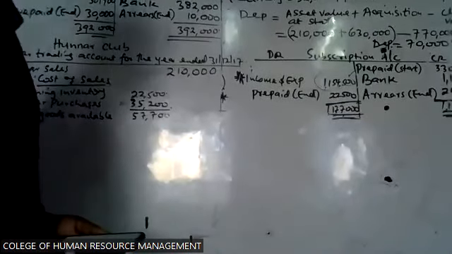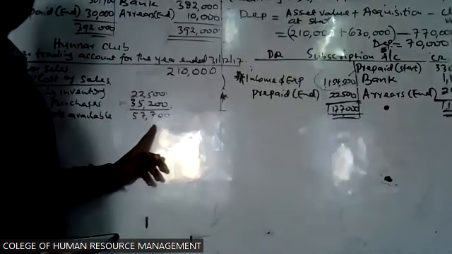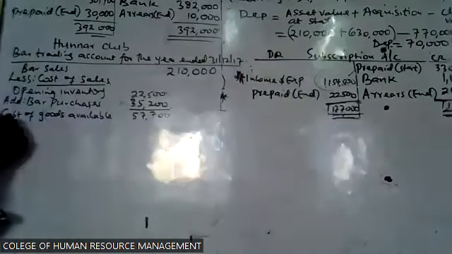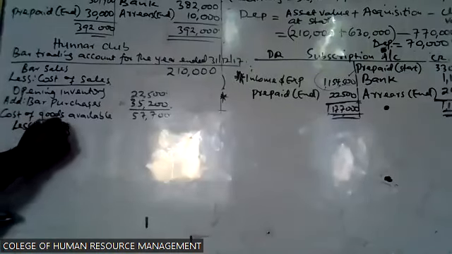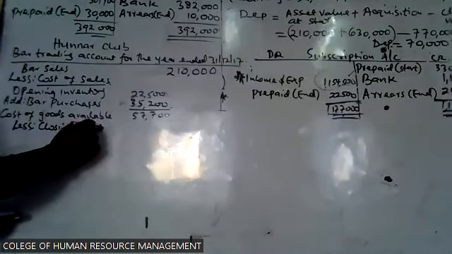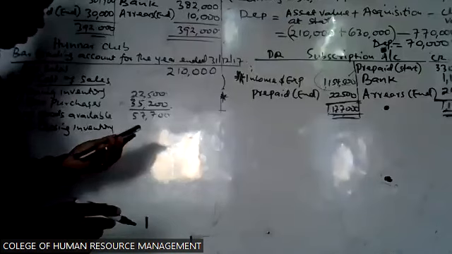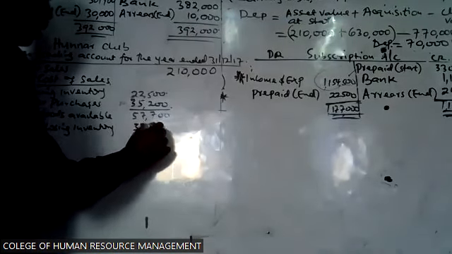So the cost of goods available is this figure. And then now you come here and you get the closing inventory, the bar stock at the end of that period, that is 38,300.